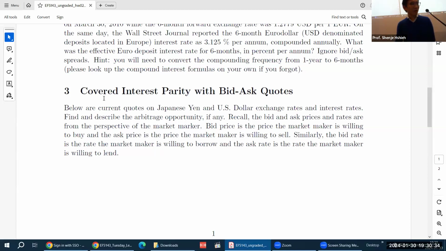Usually forward prices only go up to maybe a year, and maybe up to 5 years for foreign currencies. If you want to do very long-term forward contracts, even though it's not quoted in the market, you can still construct an F yourself by engaging in bank deposits and borrowing for very long periods of time, 10 years, 30 years, whatever. Okay, it's possible. So I'll show you through this question how it's done.